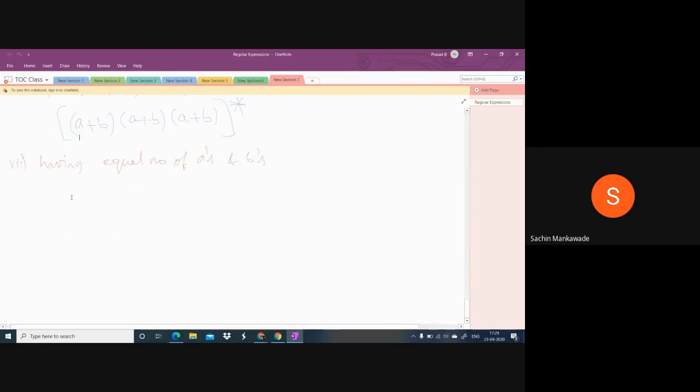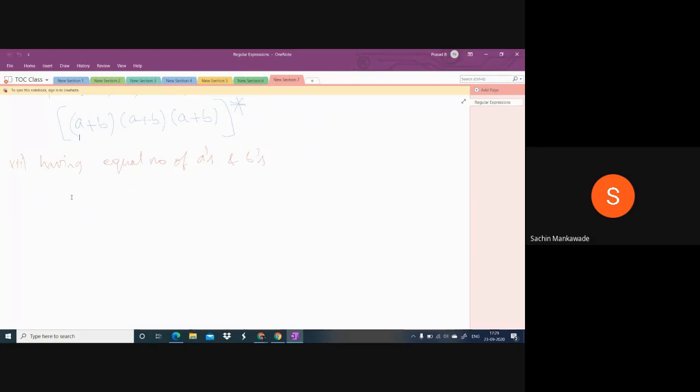Regular expression is for what? The strings accepted by finite automata. Yes or no? As I told you, yes. A regular expression is a set of strings accepted by the finite automata.